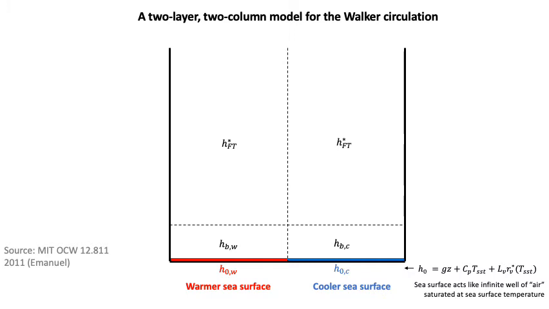On the left is a column overlying warmer sea surface temperatures, and on the right is a column overlying cooler sea surface temperatures. And then I've separated these into two layers. You have a boundary layer and a free tropospheric layer, and each of these has some value of moist static energy H. And so in the free troposphere, we'll walk you through this for a moment.